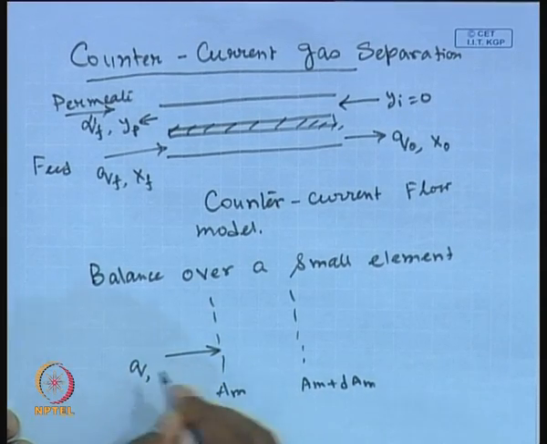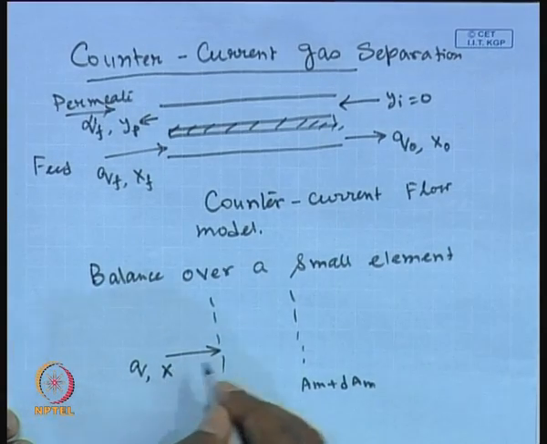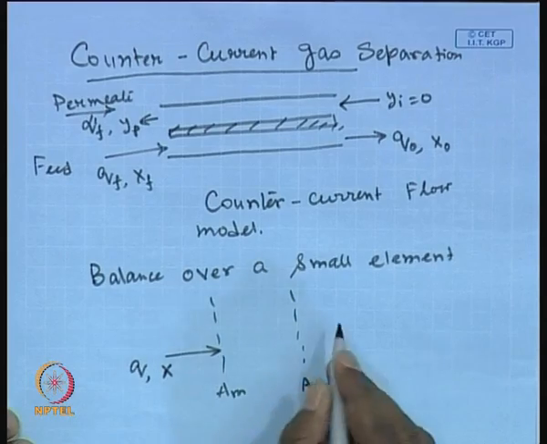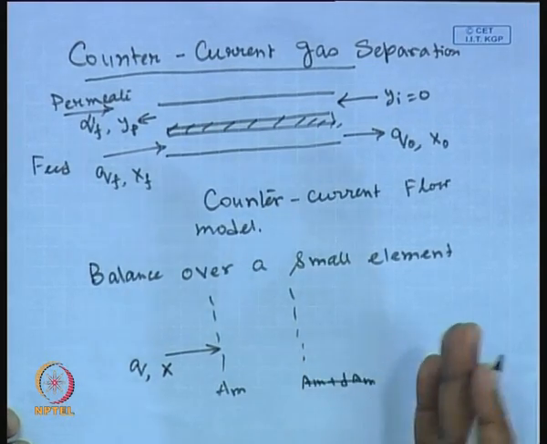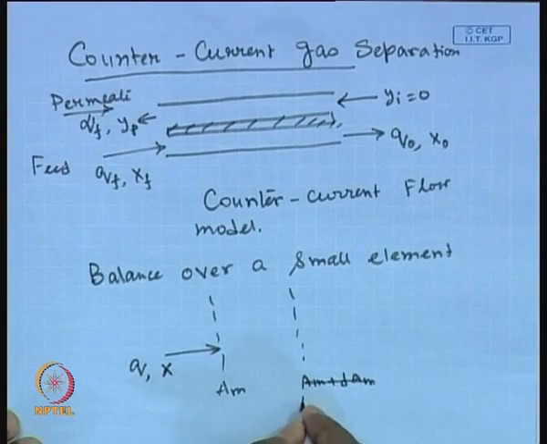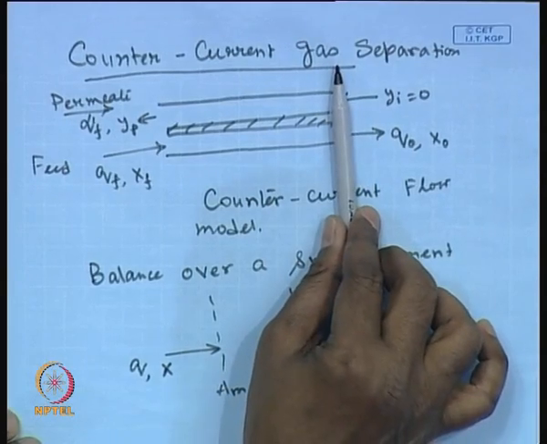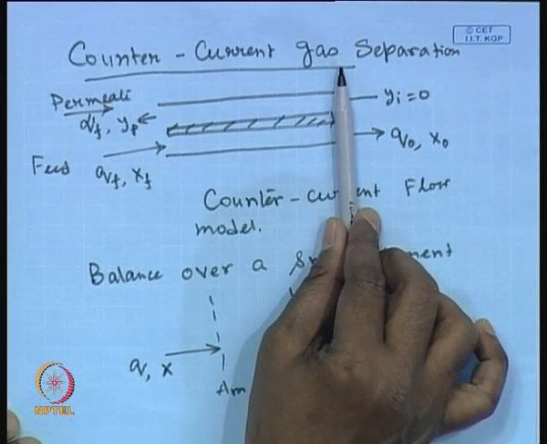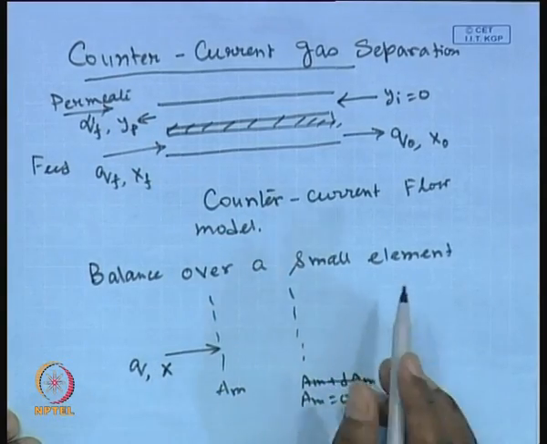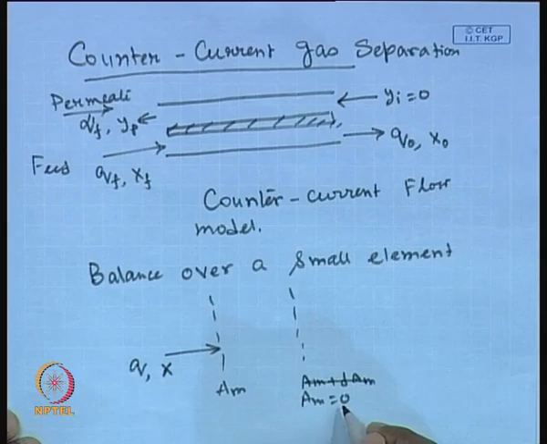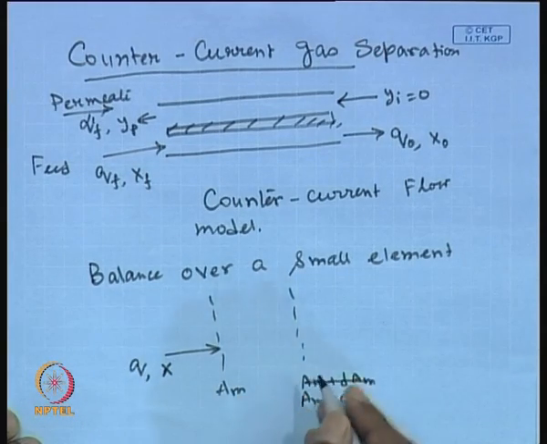Q is the flow rate at this particular location, X is the composition at this particular location, and we consider this end is located at the exit. Okay. So, Am will be equal to 0. That means, we start the calculation length from here. So, membrane length will be 0 here and it is going all the way up and we will be getting the full length of the membrane. So, Am, the effective area of the membrane, will be 0 there, it will be having some value Am at any x location.